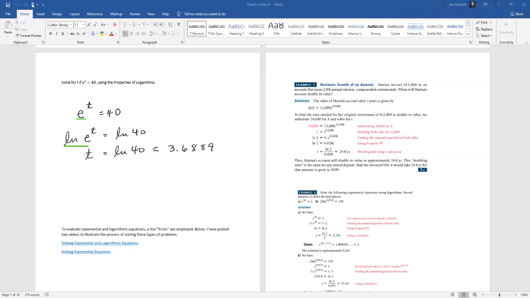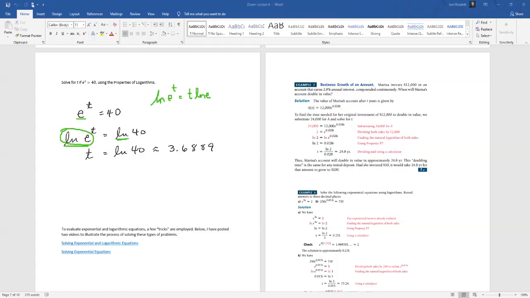So if I take the natural log on both sides, remember in algebra, whatever you do to one side, you have to do to the other. So I took the natural log on the left, which means I have to take the natural log on the right. And we know that ln of e to the t is going to leave us with t. Why is that? Because we have the natural log of e to the t, which is equivalent to t times the natural log of e, because we can take that exponent down.